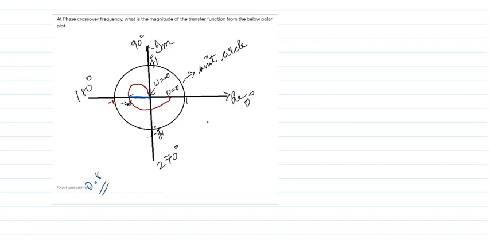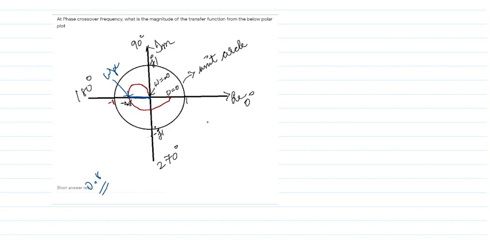Remember, we cannot put minus 0.8 because magnitude is always positive. So this point is the omega PC, because the polar plot is cutting the negative real axis.